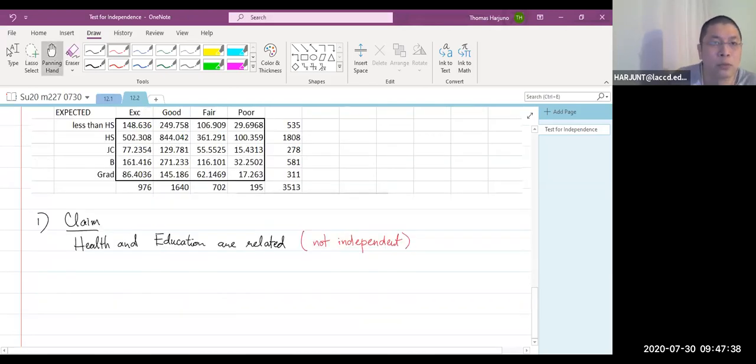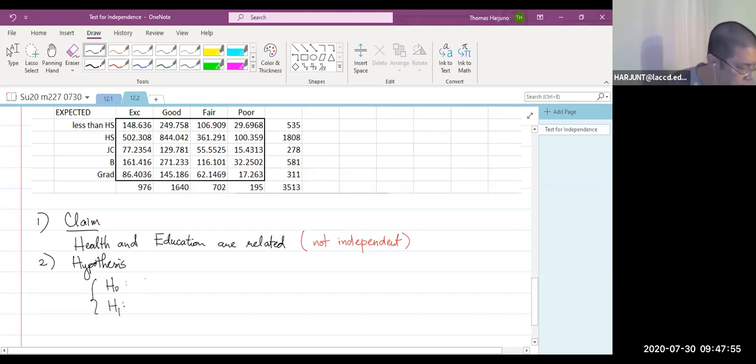Step two, hypothesis: null hypothesis and alternate hypothesis.